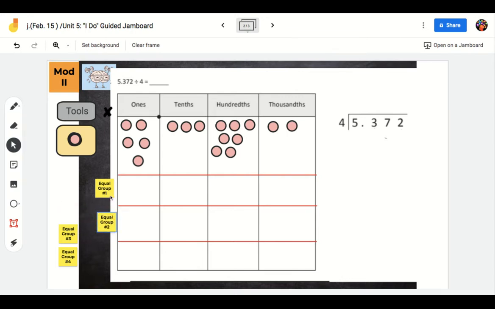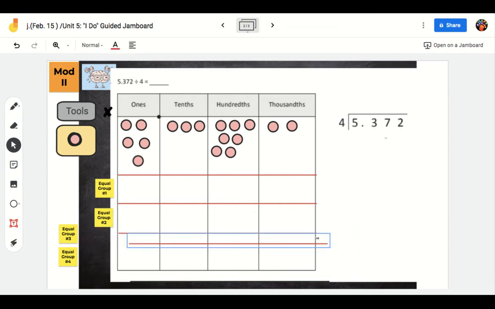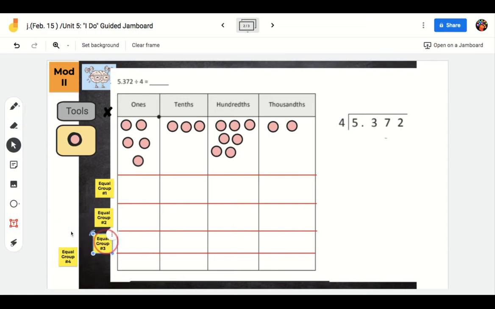Mr. Hughes, come on, get with it. I need one more row. Maybe that'll fit. Didn't partition equally, but now I have 1, 2, 3, and 4.